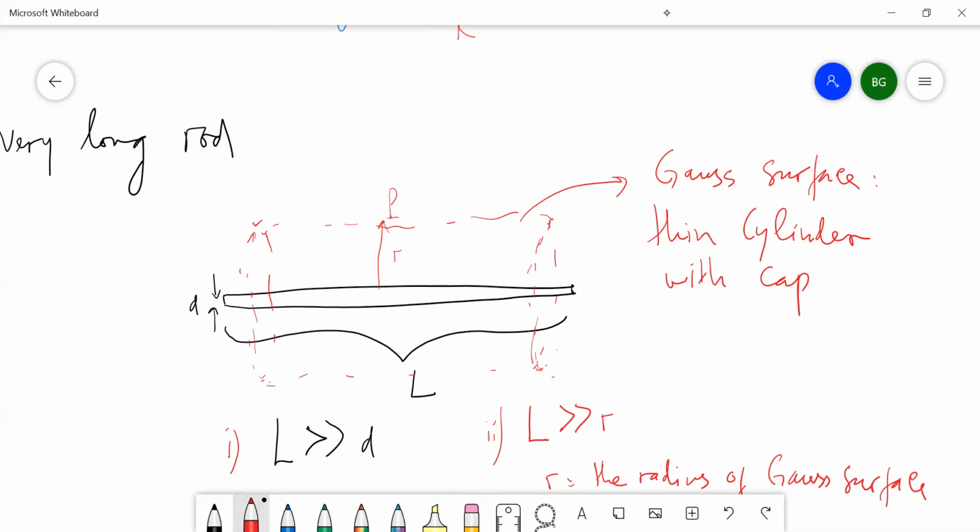So the electric field, in this case, let's say this lambda is the charge density.